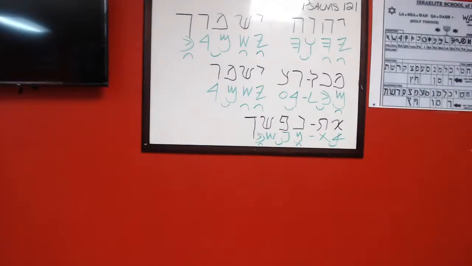You have it going for that first line, that second line. Mikol ra. Okay, now let's look at the paleo. Look at the paleo. Mikol ra. There we go. That would be yishmor.